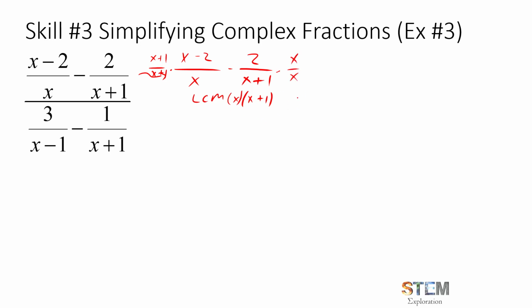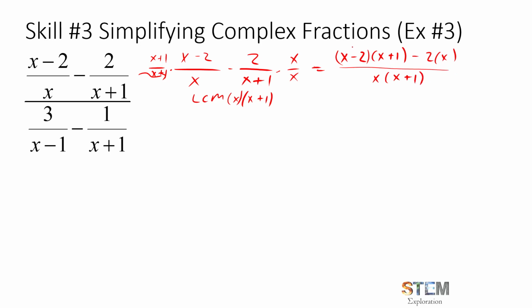That'll give everything the same least common multiple, and then we'll have x minus 2, and we'll need to multiply that by x plus 1, minus 2 times x, all over the x times x plus 1 format that we are doing here.